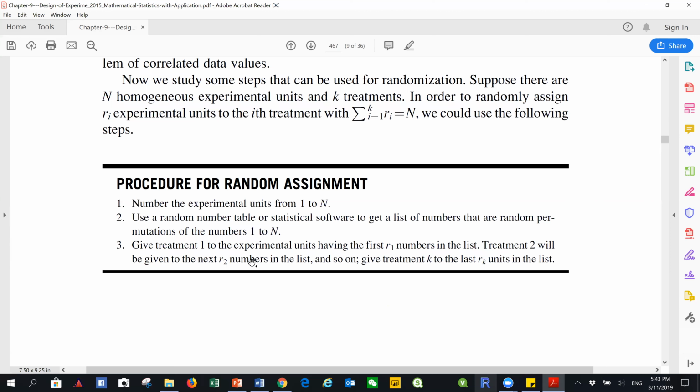Then give treatment 1 to the experimental units having the first R1 numbers in the list, and treatment 2 given to the next R2 numbers, and so forth until the last RK numbers, giving treatment K to the last RK units in the list.